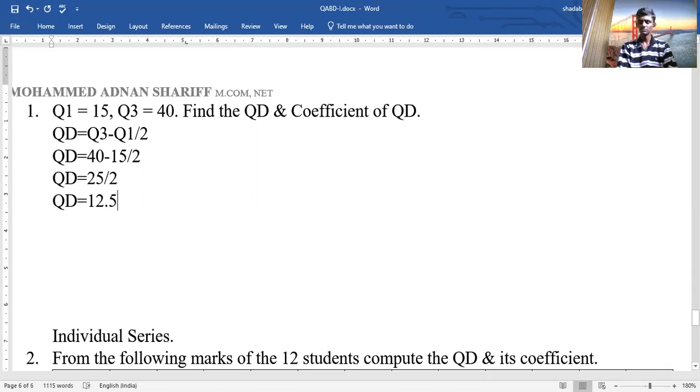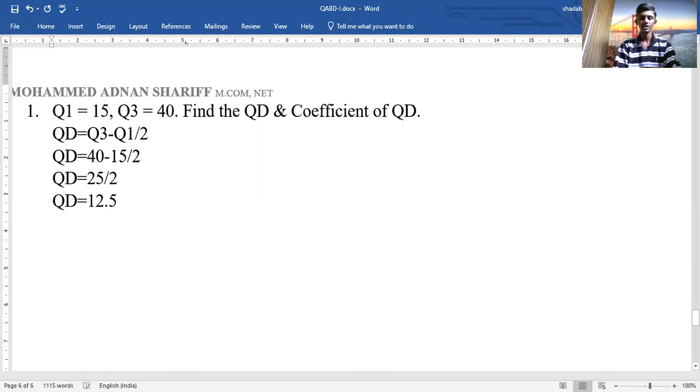This is very simple. Moving forward, we will calculate the coefficient of quartile deviation, the ratio at which the change between the quartiles is happening. The formula is Q3 minus Q1 divided by Q3 plus Q1.